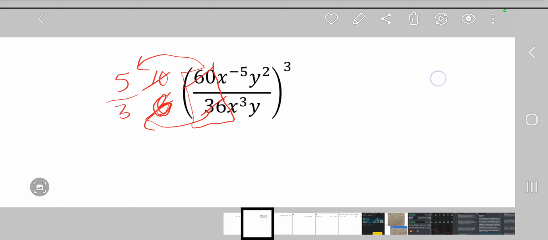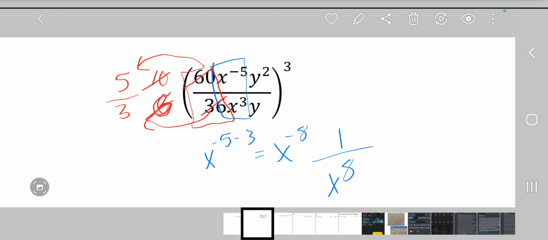When you move over to your x's, the rule for exponent divided by exponent was to subtract. So negative 5 minus 3 is negative 8. And we remember that there's a rule that says I put that downstairs.